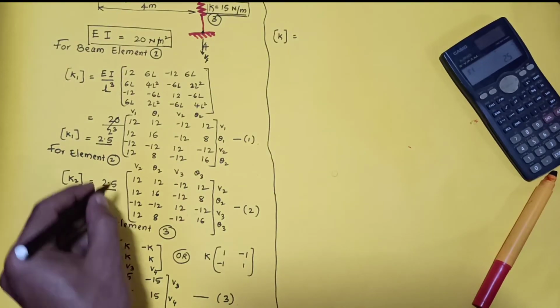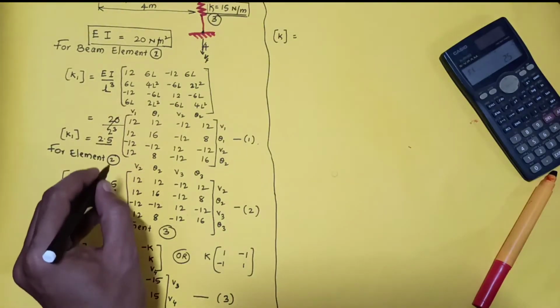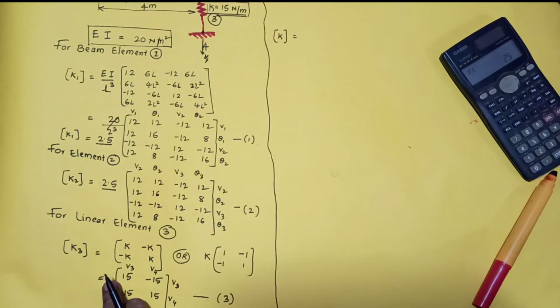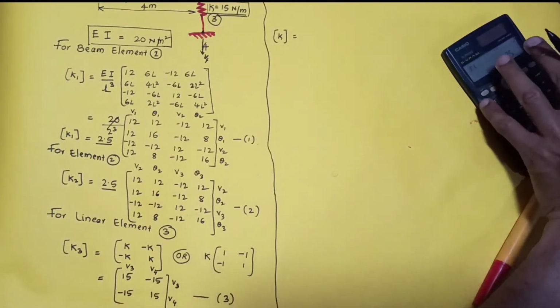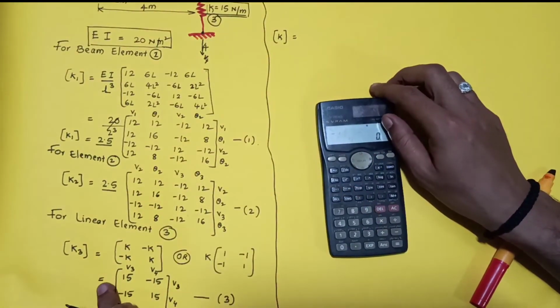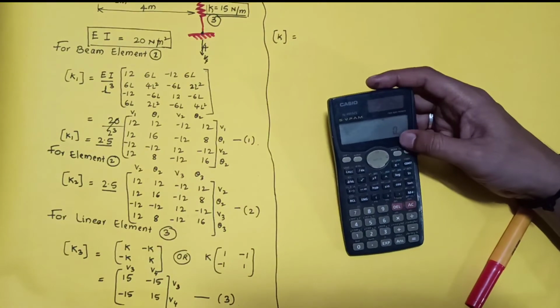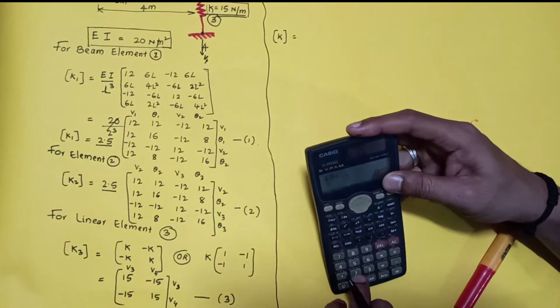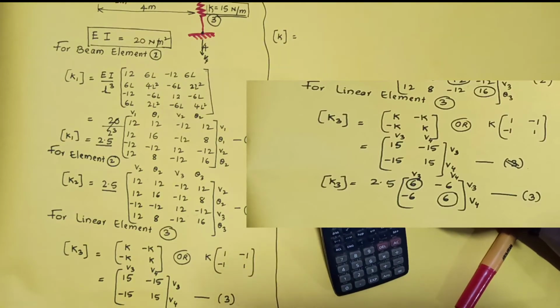But in all three elements it should be a common term. Either you can take these inside the matrix, or you can take 2.5 outside the matrix, whichever is convenient for you. I will take 2.5 outside the matrix for element 3, so I will have to take one more step here. 15 by 2.5, that is 6.